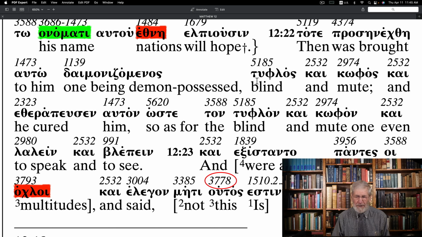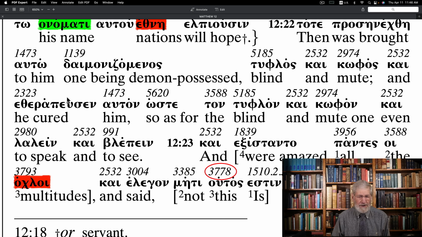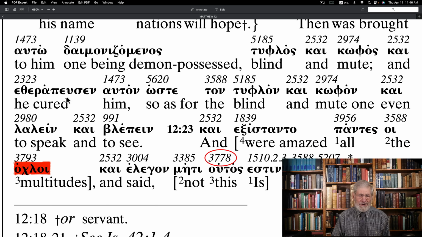But this person was also "typhlos kai kophos," blind and mute, adjectives. So he was in bad shape. This guy was blind, mute, couldn't hear anything, couldn't see anything, and just acting crazy, horrible. I mean, that's just terrible. I've seen a lot of things like that at the hospital. "Kai etherapeusen auton," and he cured him.